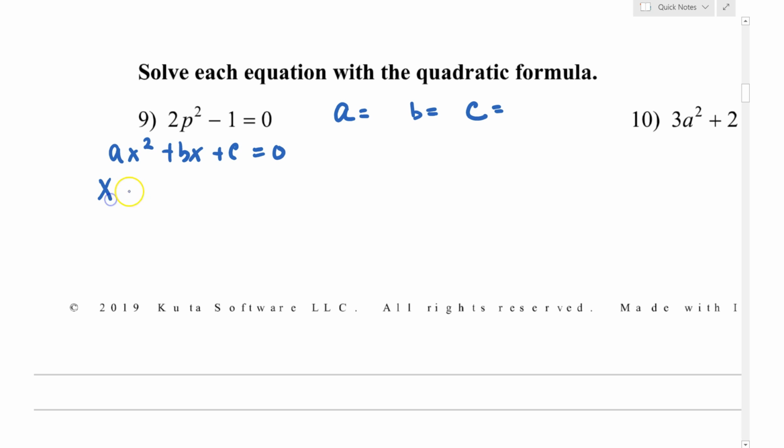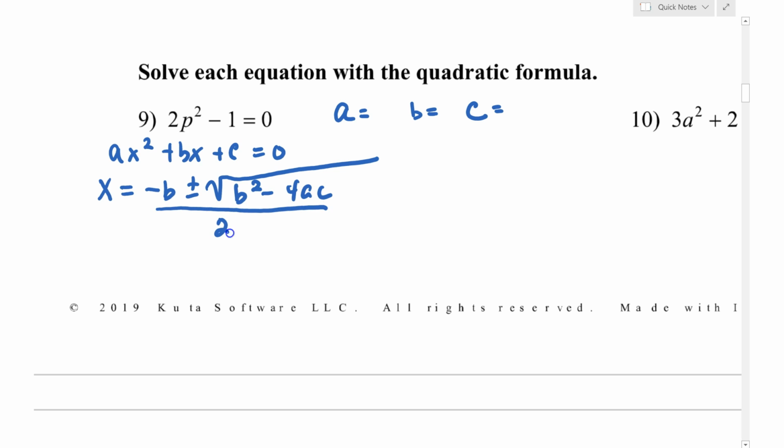We know that the formula is x equals negative b plus or minus square root b squared minus 4ac divided by 2 times a. So in our problem, a is going to be 2. B, we don't have a middle coefficient, so that's going to be 0. And c is negative 1. So all you have to do now is substitute.